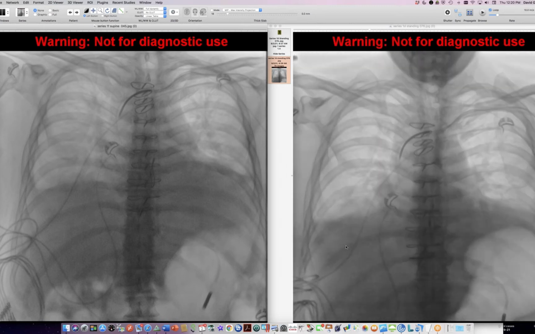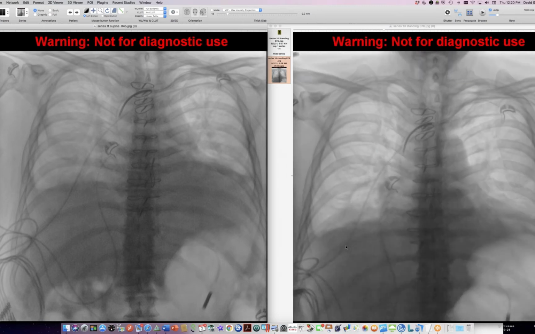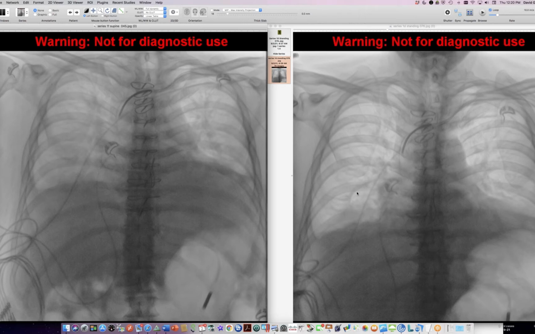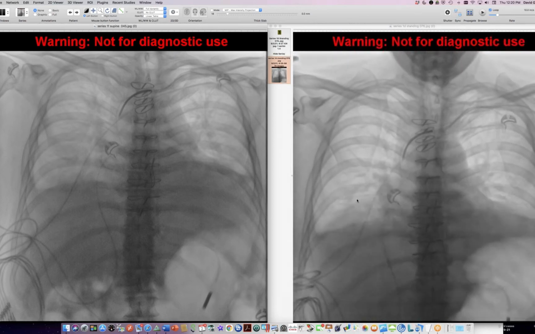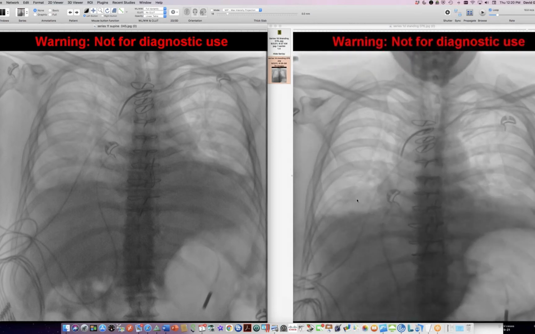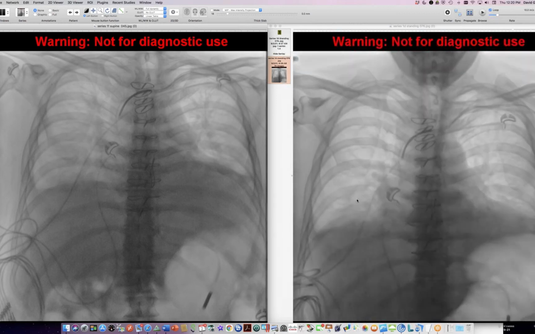So it's not that abnormal. And you can see that as the diaphragm goes down, the anterior ribs go up. So we have this opposing motion. Anterior ribs going up expands the thorax from the front to the back. And as the diaphragm goes down, that expands the thorax top to bottom. So the person is able to get some reasonable respiratory excursion here. It's not great, but it sure doesn't look paralyzed.